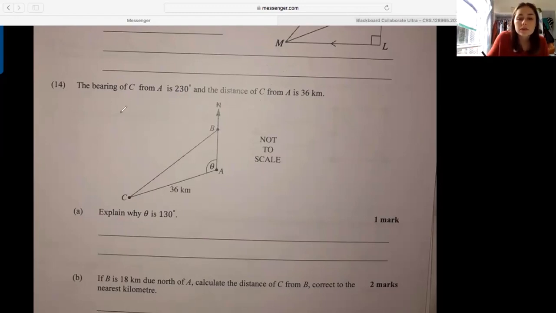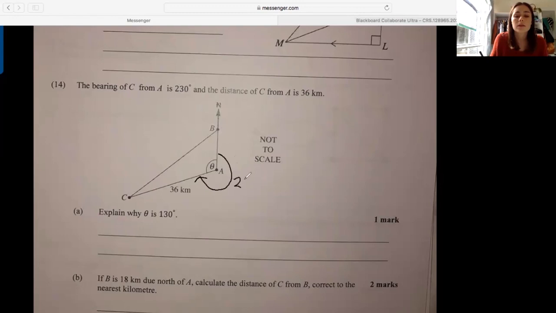Yeah, so it would go, I don't know how to describe it, but if it's a bearing, it is an angle, yeah? But this one's of C, but it's from A. So it's the angle of this line of C, but from A. So it would be this.